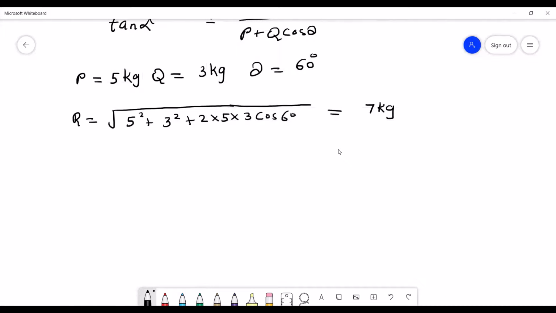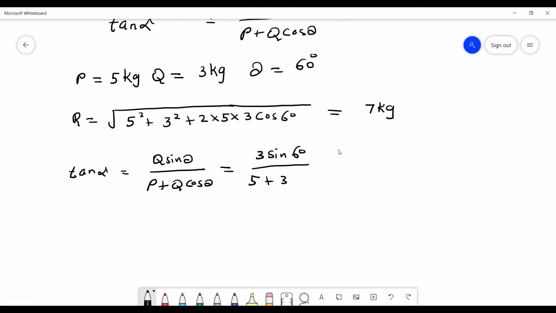Now let us find tan alpha. Tan alpha is equal to Q sin theta divided by P plus Q cos theta. Q is 3, sin 60 degree, divided by P, which is 5, plus 3 cos 60 degree.